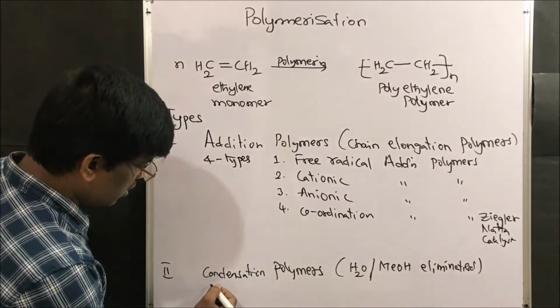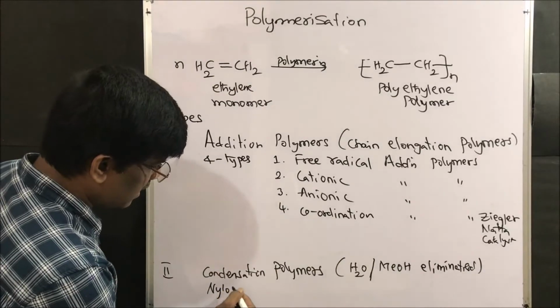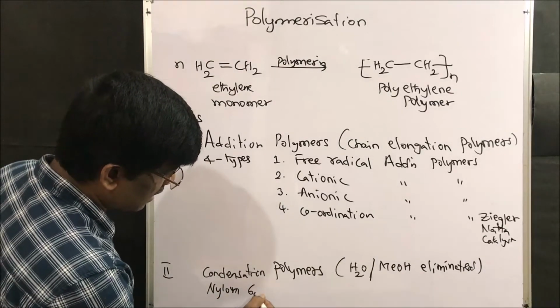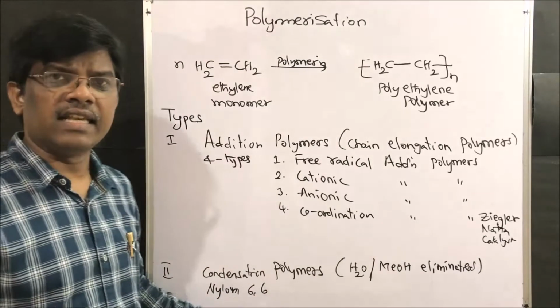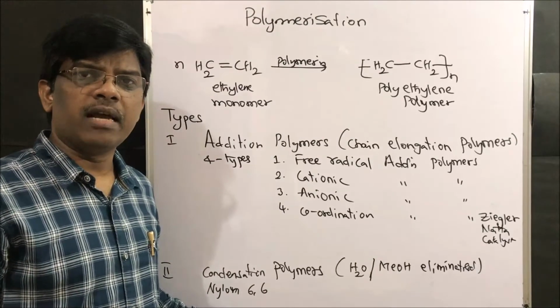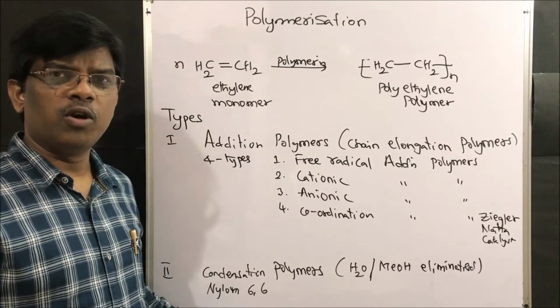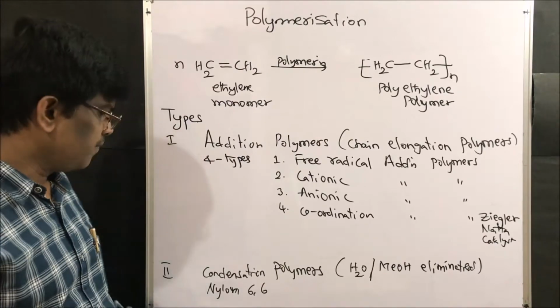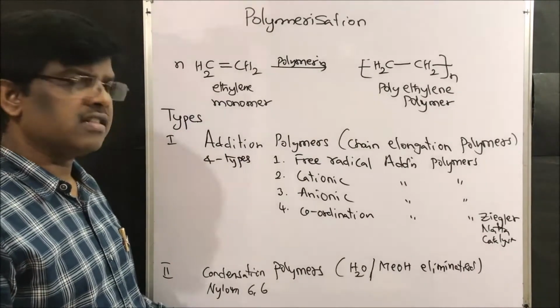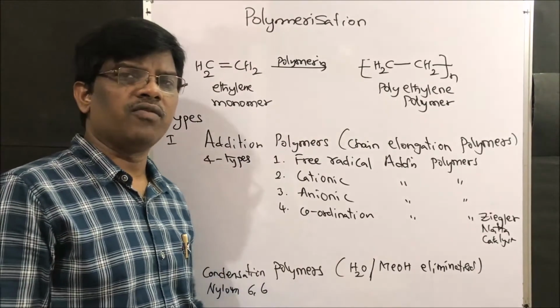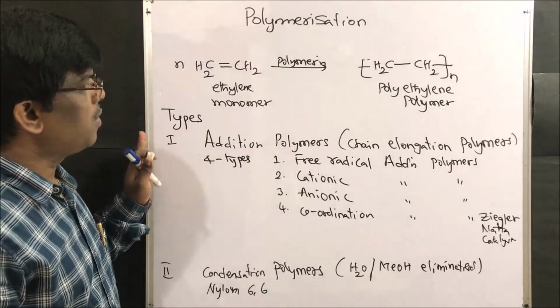Under this we are going to learn about nylon 66. Nylon 66 is a biodegradable polymer. Yes friends. So this is very important. Nylon 66 preparation is very important. We are going to learn it. So these are the polymers.